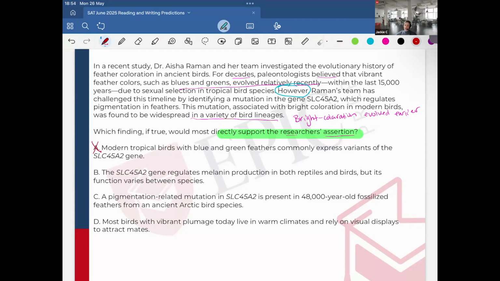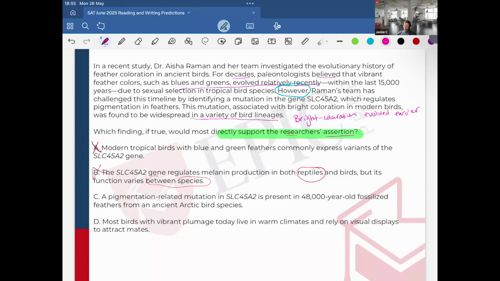So this is a classic trap of just restating existing information without actually advancing the argument. Option B, the SLC45A2 gene regulates melanin production in both reptiles and birds, but its function varies between species. Okay, interesting, but why is it talking about reptiles and varying between different species? So it's just an irrelevant detail, out of scope.